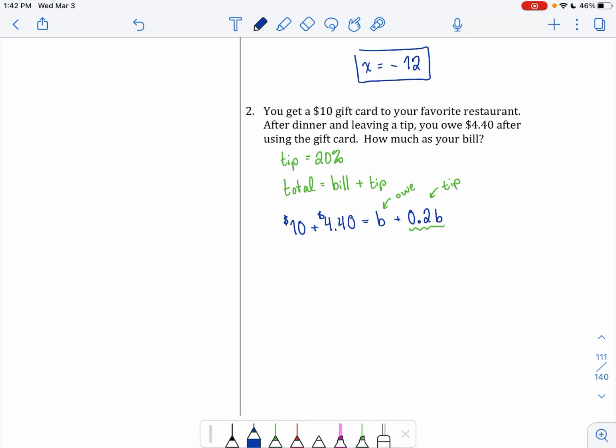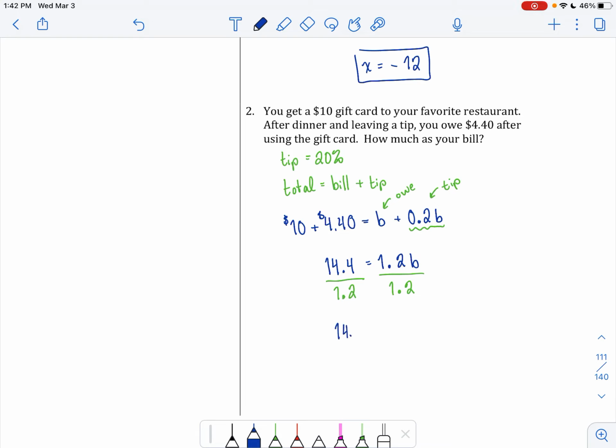$10 plus $4.40 is 14.4. We can just write as a decimal for our solving. And then b plus 0.2b is 1.2b. Now I want to find out how much was the bill. So I want to get b by itself. Divide.